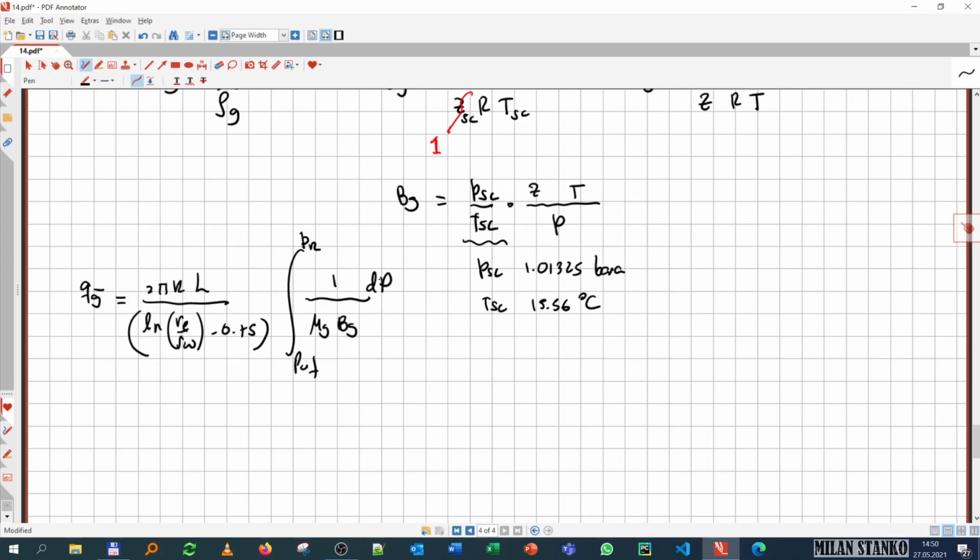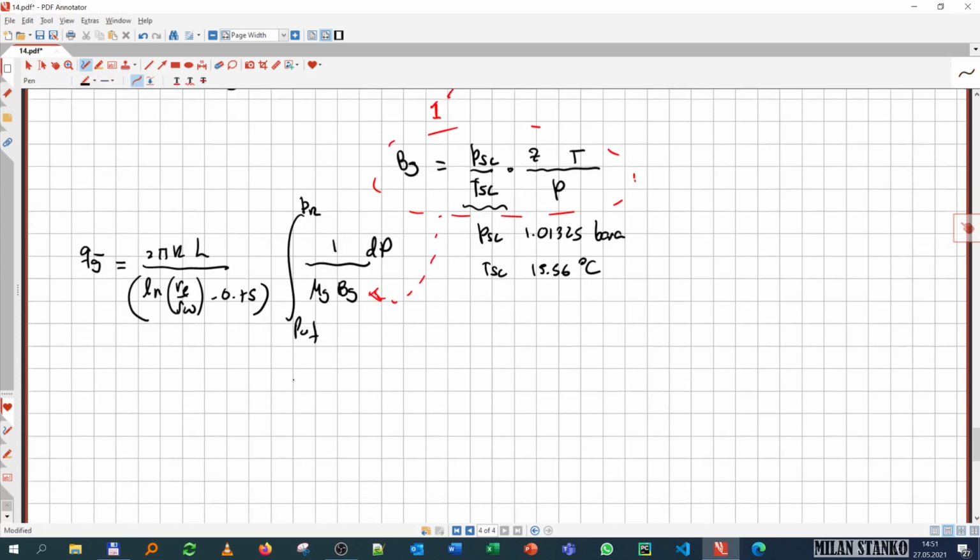Then I substitute this expression into that equation. What I end up with is, remember, the temperature is simply the reservoir temperature because we are assuming the flow of the formation is constant, so that also becomes a constant and I can take it out of the equation.